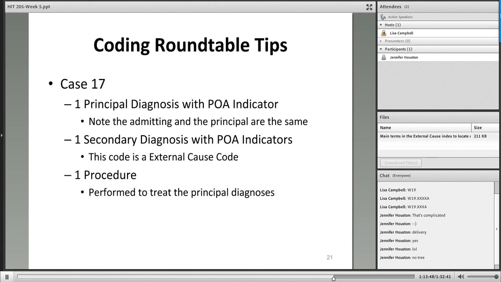So any other options? Hit, if you look for a hit, it tells you accidental to go to striking against or struck by. Well, we already went to struck. We didn't find anything.